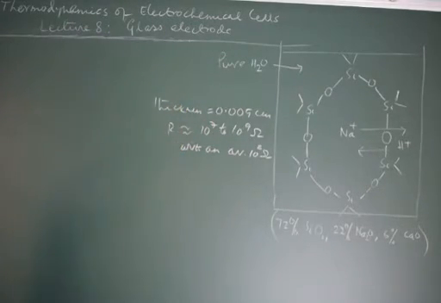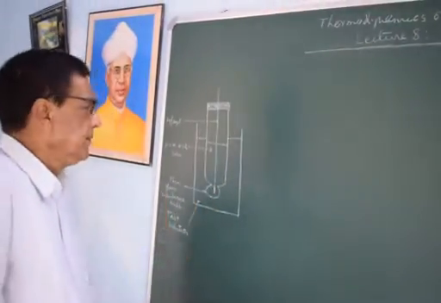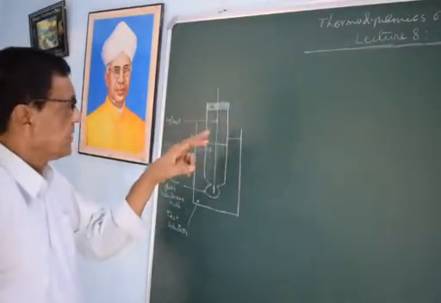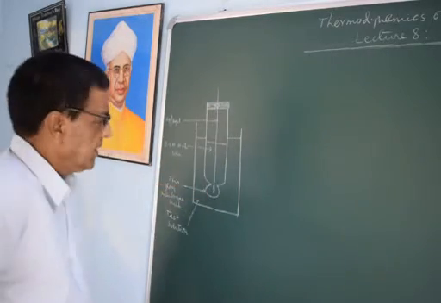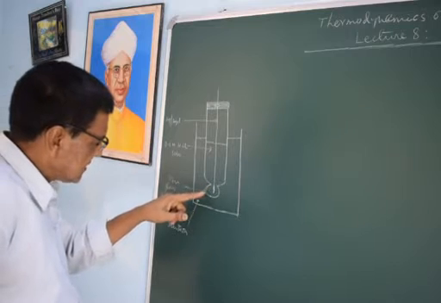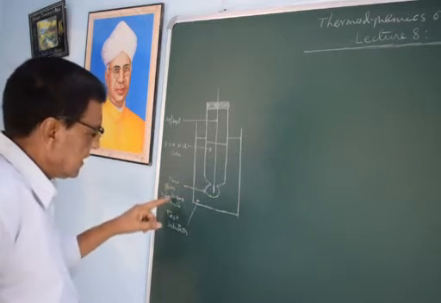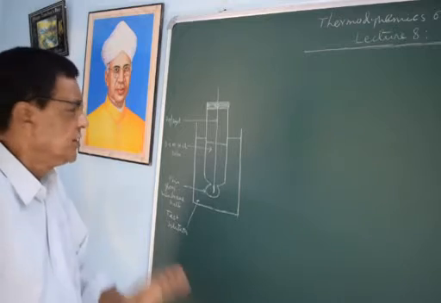So the picture of this glass electrode is shown in this way. This is the silver chloride, and this is the thin glass membrane of thickness 0.005 centimeter.